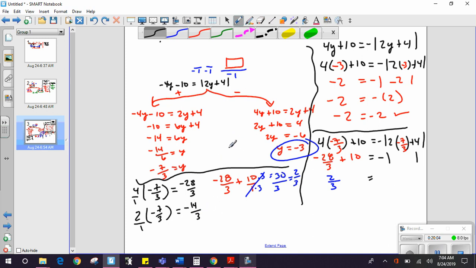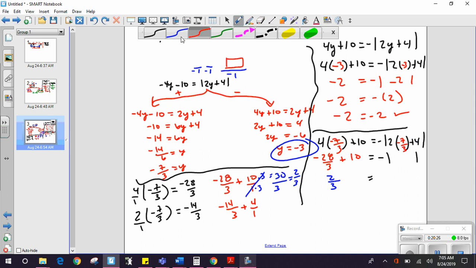I then would take negative 14 over 3 and add it with 4 over 1 because is there a plus? Oh, rewind. Yeah, no, I'm right. There's a plus 4 right here in the absolute value.